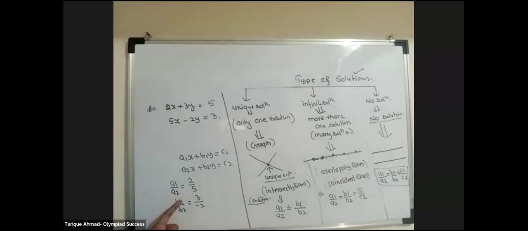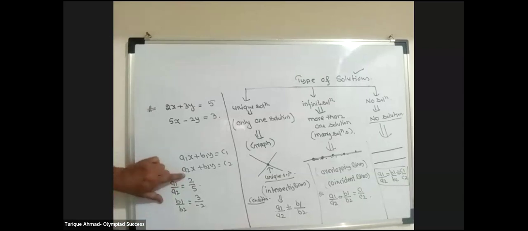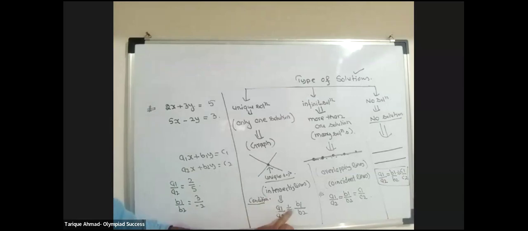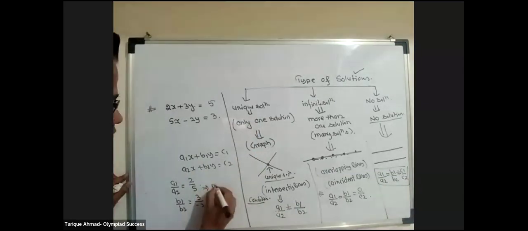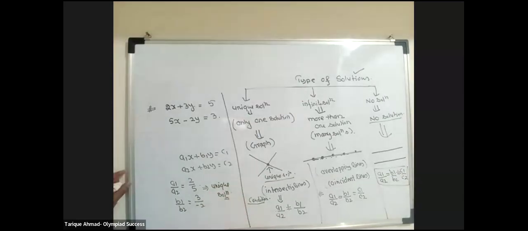Are they equal? No, they are not equal. And if A1 by A2 is not equal to B1 by B2, then the solution is unique. So we will get a unique solution.